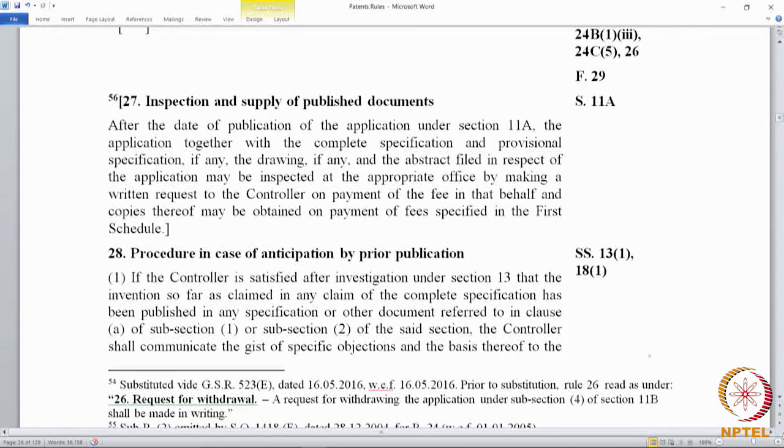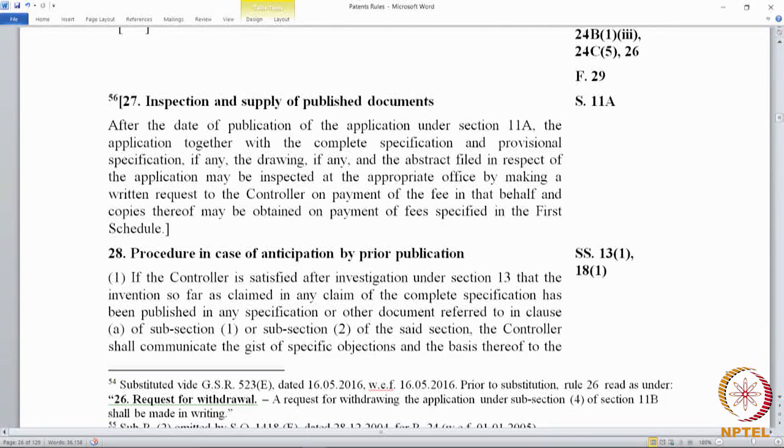Now, when a request is made to the controller for information relating to patents, the request is made under section 153 of the Act, read with Rule 134 of the rules. So, Rule 134(1)(b) allows a request for information to be made as to when publication of application has been made under section 11A.